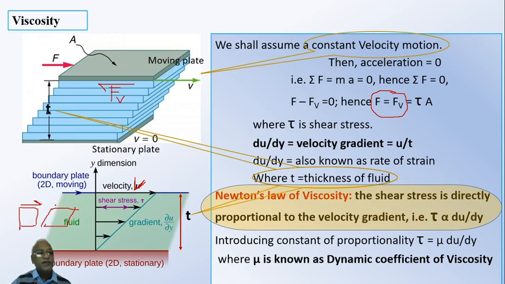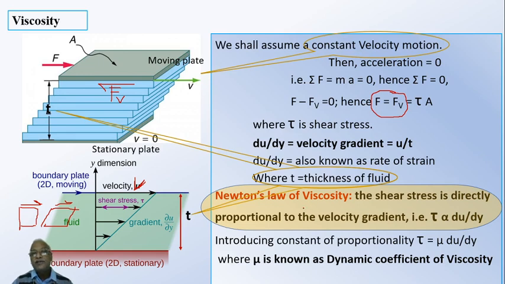That is what is happening because of the applied force. So there is a strain. So the rate of strain is u by t, right? Also known as rate of strain, where t is the thickness of the fluid, as clearly shown here.